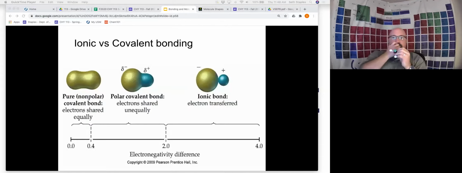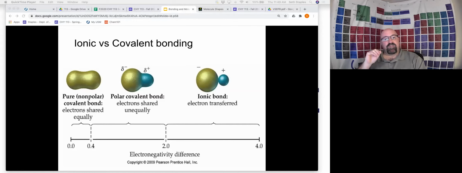Here we go. So remember we talked about these differences in electronegativity last time? We talked about the continuum here, where if we only have an electronegativity difference between 0 and 0.4, we consider that to be a purely covalent bond. The electrons are completely shared equally throughout that bond.